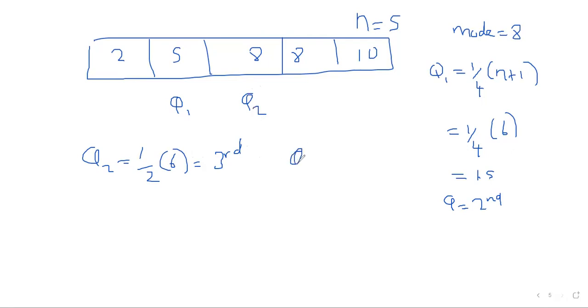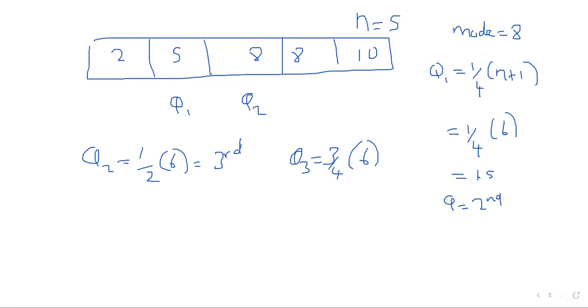Then our Q3. So our Q3 will be 1 over 3, open brackets n plus 1, which is a 6. Oh, sorry, it's actually 3 over 4. I was wrong.